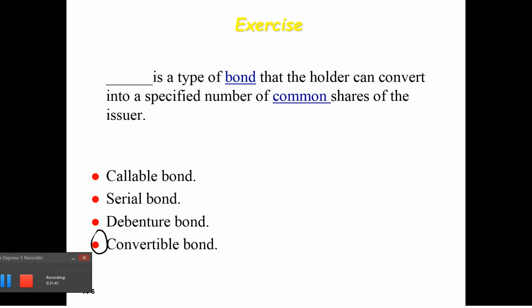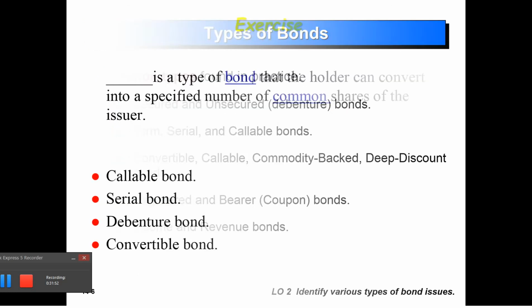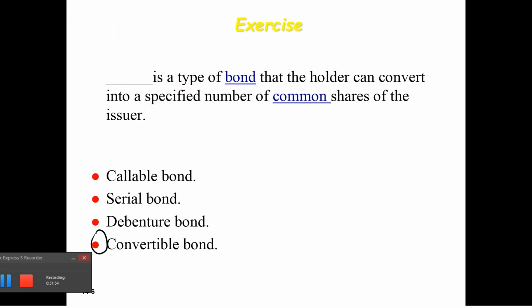Debenture bond. What is a debenture bond? Look at here. Debenture bonds are unsecured bonds. So it has nothing to do with the rights of bondholders. It's more about the collateral. Specifically, there is no collateral.